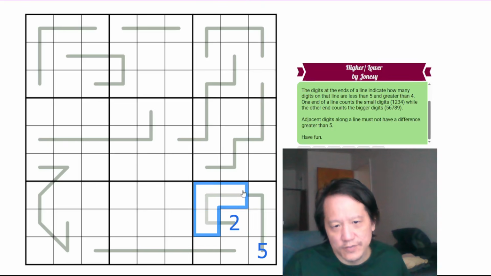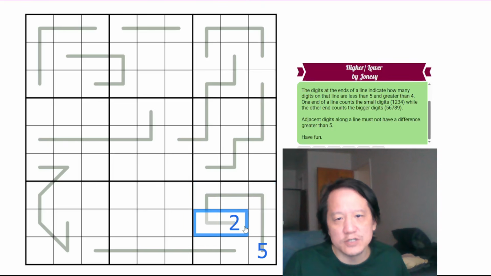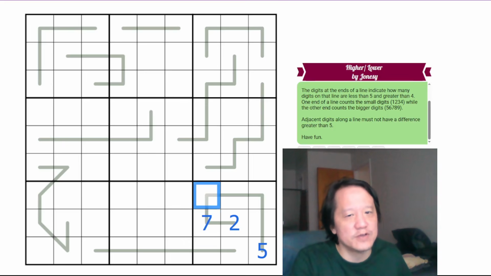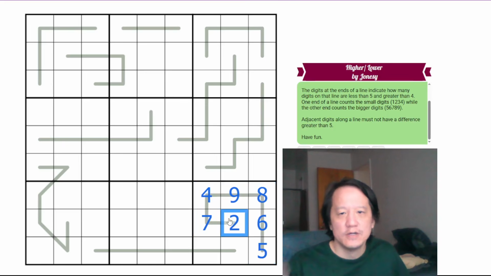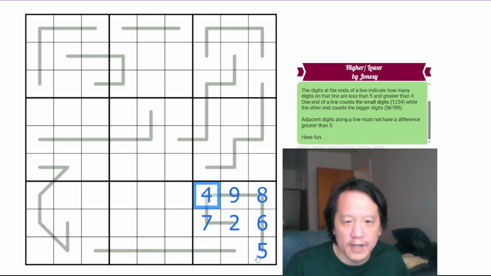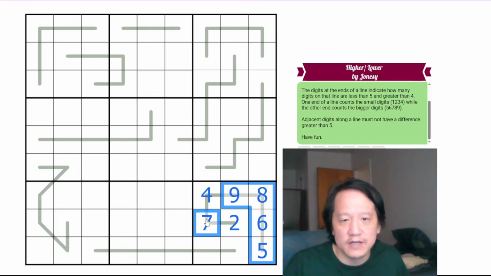So let's try to figure that out. No two adjacent digits on a line have a difference greater than 5. So you could have 7 here, 4, 9, 8, 6. So this would be valid because along this line, first of all, we have 2 digits which are small digits, 2 and 4, and 5 digits which are large digits, which is 5, 6, 7, 8, and 9.